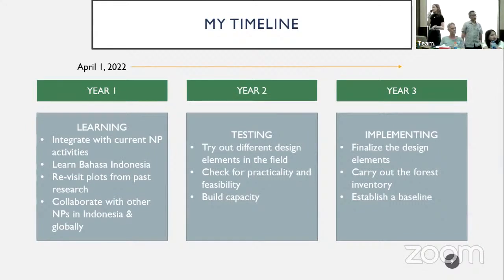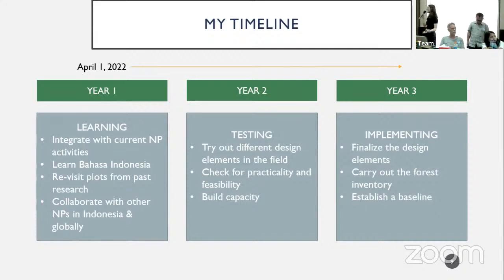I also see a lot of potential in revisiting old plots from past research, right? So one component of my thesis is climate. And from our university, through the STORMA project, there are plant biodiversity plots that have been assessed over 10 years ago.